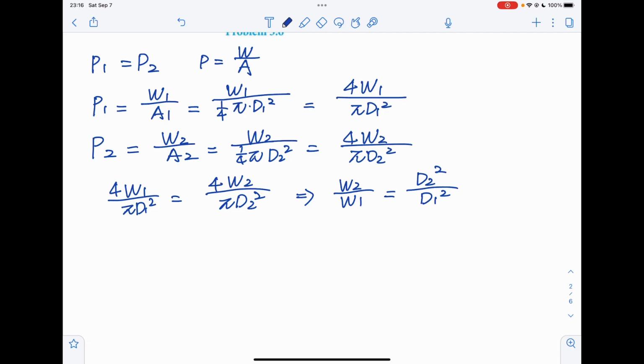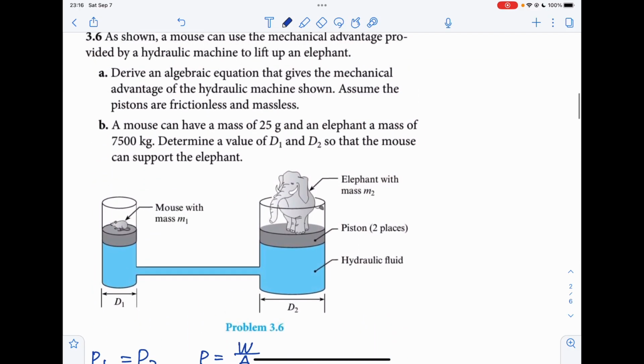So now in part B, we are asking to determine a set of values D1 and D2 so that a 25 gram mouse can lift a 7,500 kilogram elephant.